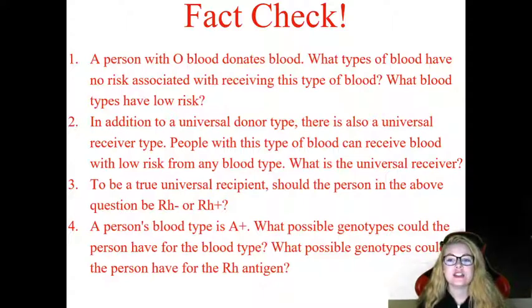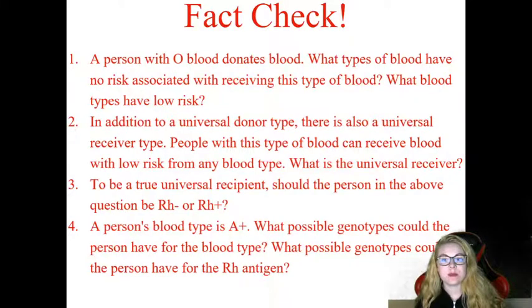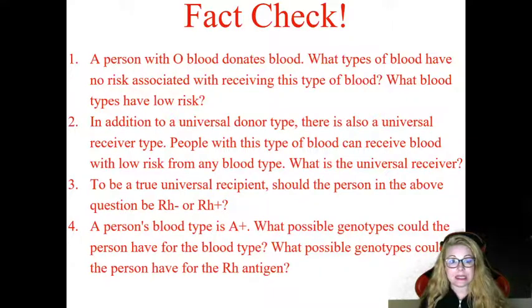Number 2 says, in addition to a universal donor type, there is also a universal receiver type. People with this type of blood can receive blood with low risk from any blood type. What is the universal receiver? So the universal recipient is AB, okay?